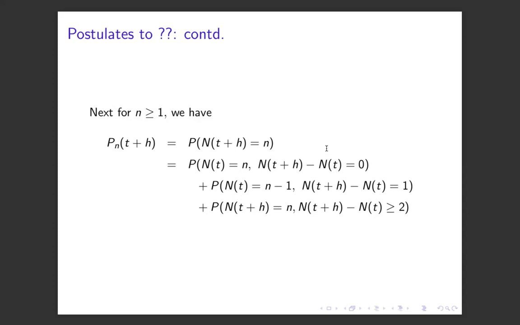Another disjoint possibility is that exactly n minus 1 arrivals have taken place in 0 to t, and exactly 1 arrival during t to t plus h. And another possibility is that in the interval t to t plus h, there are 2 or more arrivals in such a way that the total arrival up to t plus h is n.